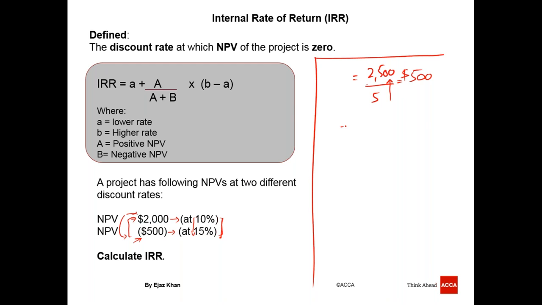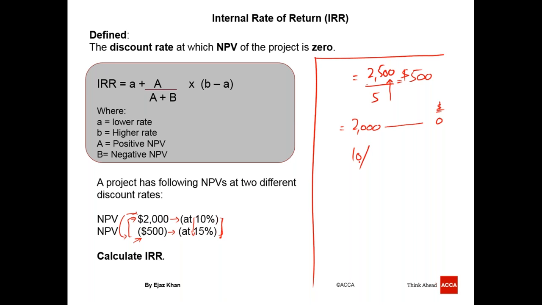Now, if I tell you that we are standing at 2,000 positive NPV and we want to reach 0 NPV, and we know that every 1 percentage point change is going to bring $500 change in NPV, and it's an inverse relationship, so if we want to reduce the NPV, we have to increase the discount rate.